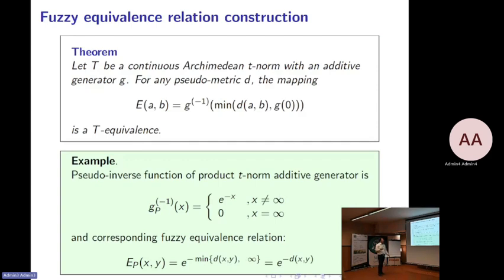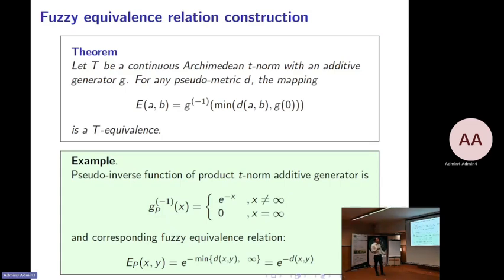And here is an example of how to construct a similarity measure for product t-norm. First we find a pseudo-inverse function of the additive generator, and then using this theorem we construct the similarity measure. The similarity measure we got is a strictly decreasing fuzzy equivalence relation.